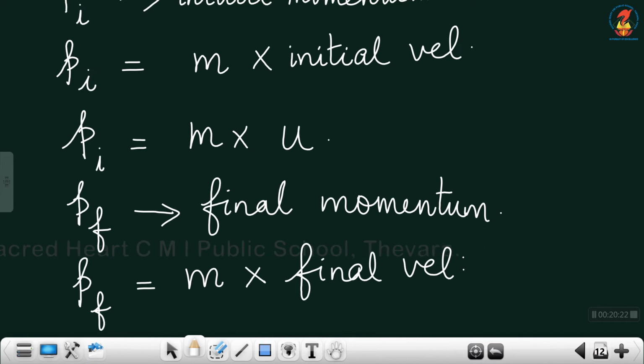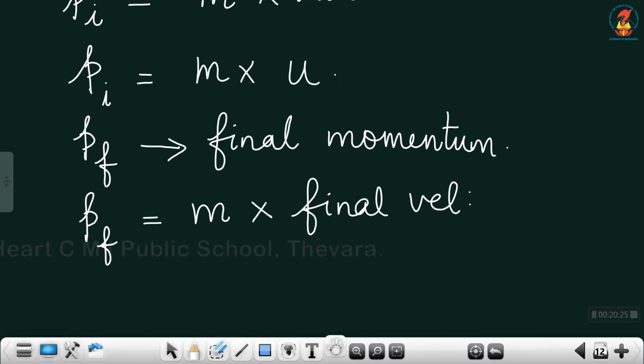By the application of force, let the final velocity attained be v.